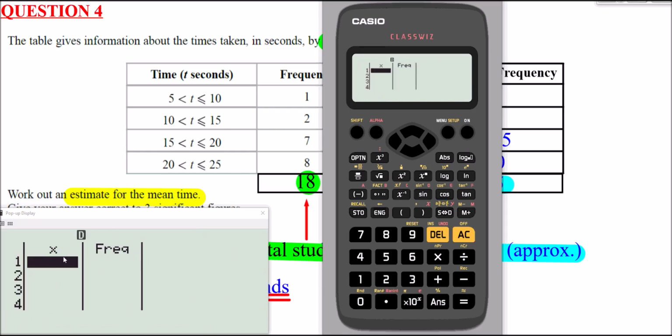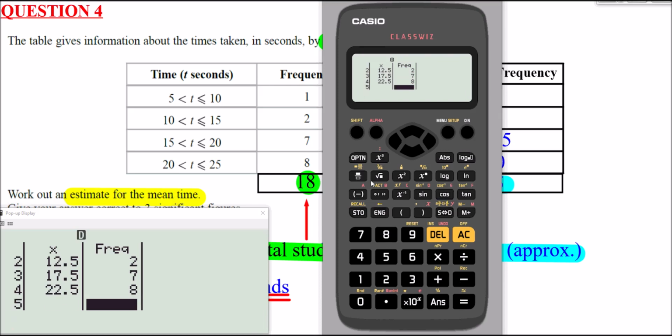Now, instead of the actual boundaries, we just type in the midpoints. So 7.5, 12.5, 17.5, 22.5. And then the corresponding frequencies, if we toggle along, we had 1, 2, 7, and 8. So 1, 2, 7, 8.